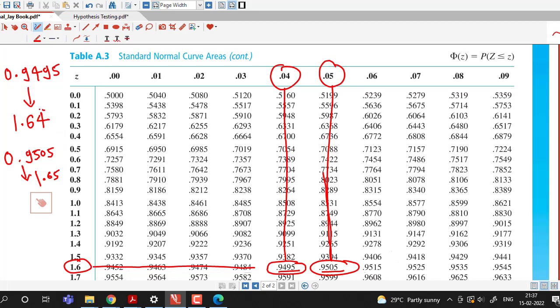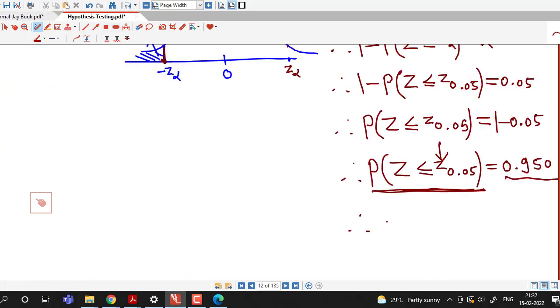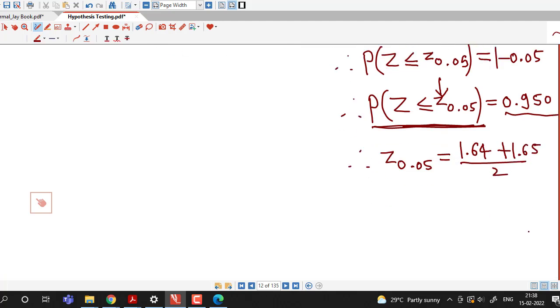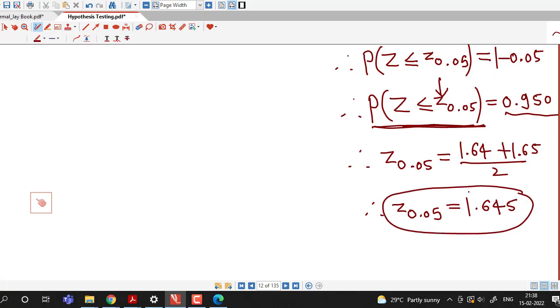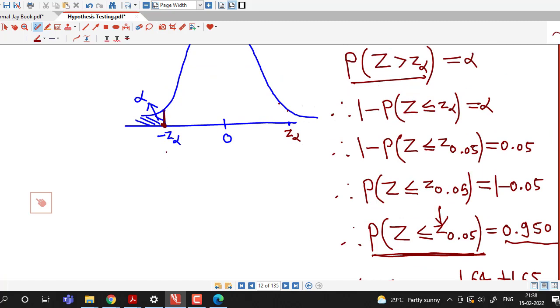So our z will be the average of these two values, 1.64 and 1.65. Therefore z suffix 0.05 is equal to 1.645, or z alpha is 1.645, therefore minus z alpha is minus 1.645.